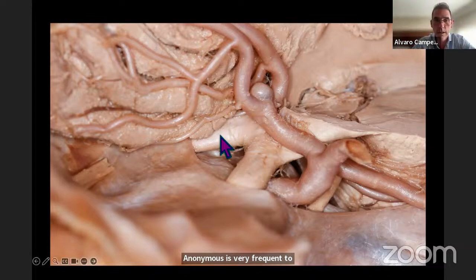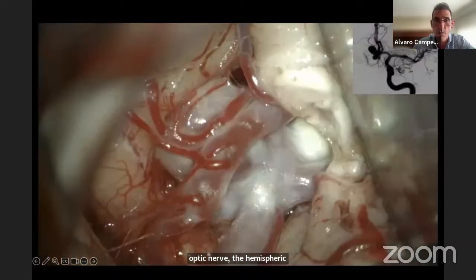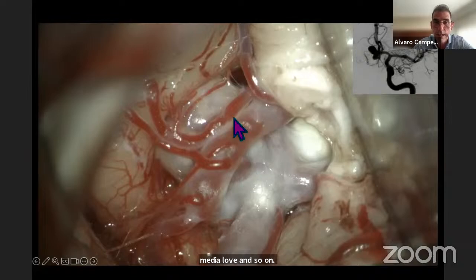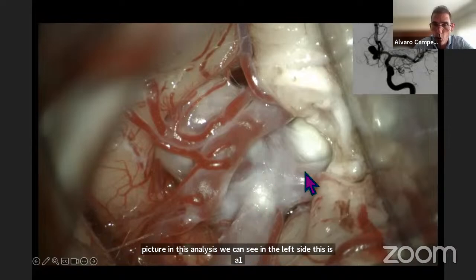This is the right optic nerve, the hemispheric view of the right frontal medial lobe, and so on. And we can see in this picture, in this aneurysm, on the left side, this is A1 and A2 of the left side.